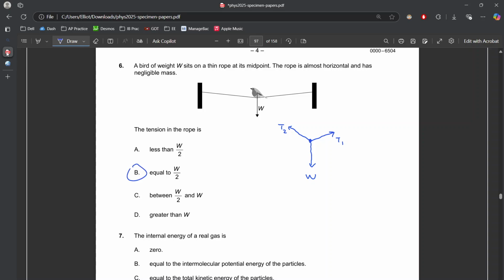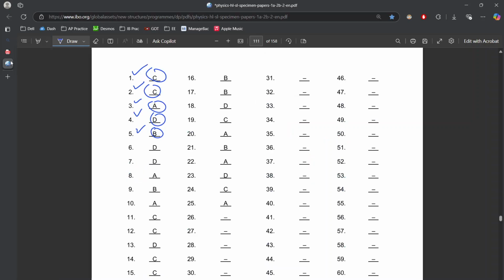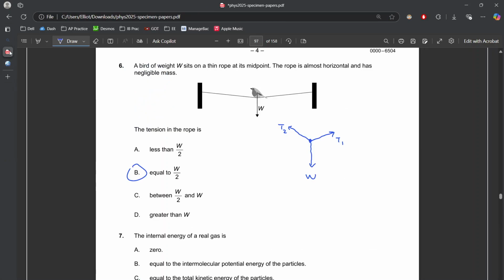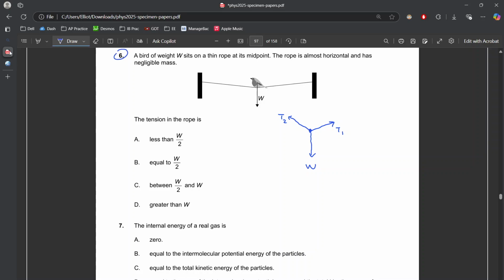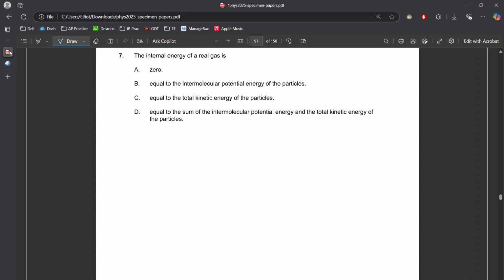If I had to guess, I'd say it's equal to W/2, but it's never really that simple. Let's see. D. The answer is greater than W. See, even I would need help on this one. I don't really know why. I'll review that question later. But for now, let's go on so this video doesn't get too long.